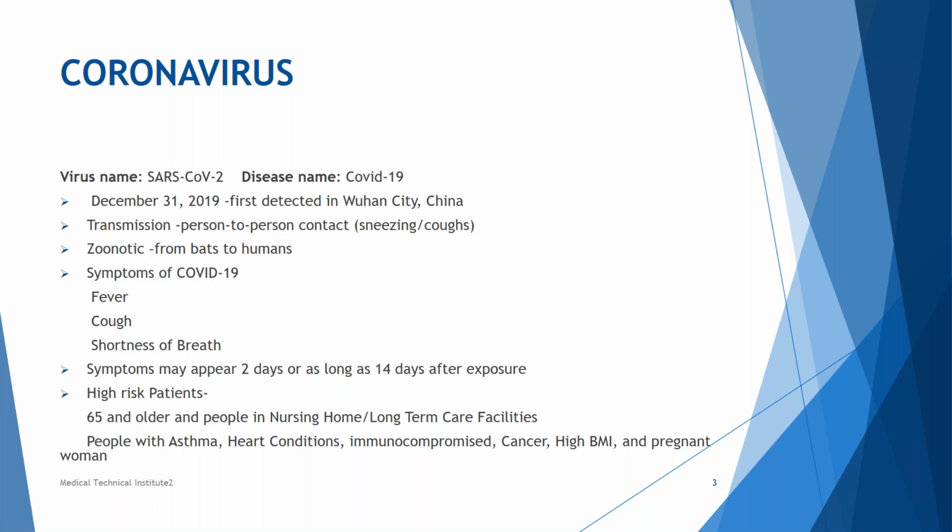The high risk patients are 65 years old and older, and people in nursing homes and long term care facilities. Also, people with asthma, heart conditions, any immunocompromised systems, cancer, high BMI, and pregnant women.